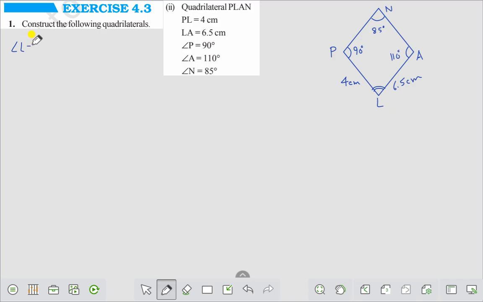angle L is equal to 360 degree minus this angle plus this angle plus this angle, that is 90 degree plus 110 degree plus 85 degree.